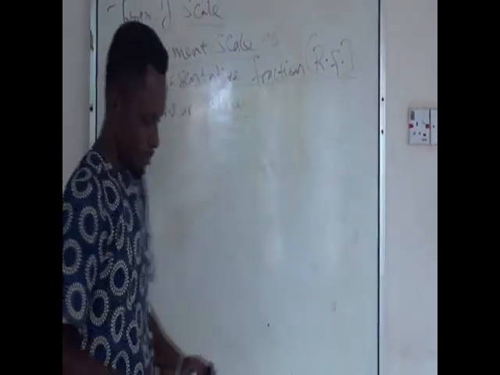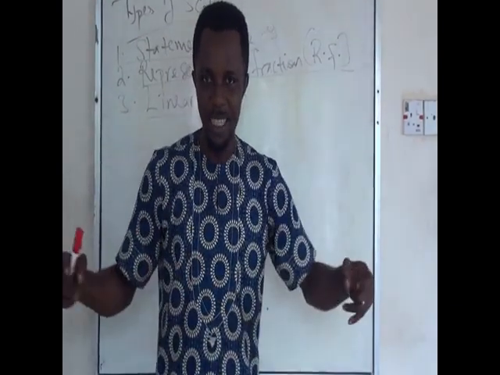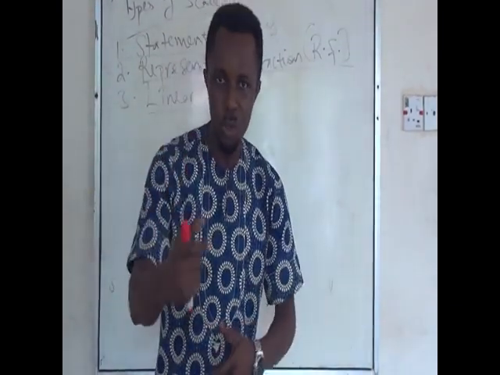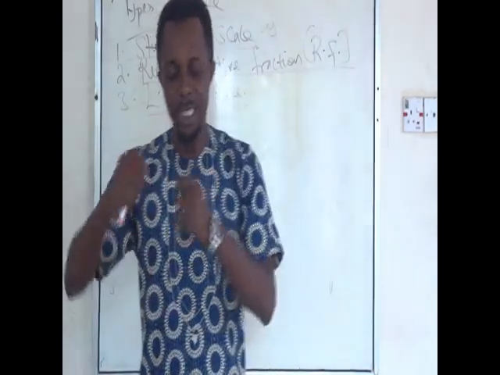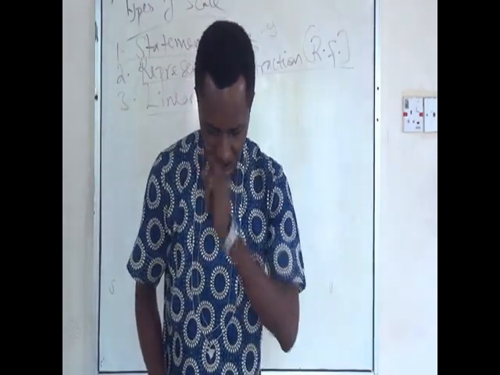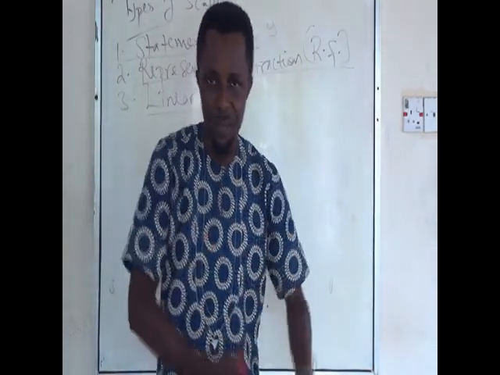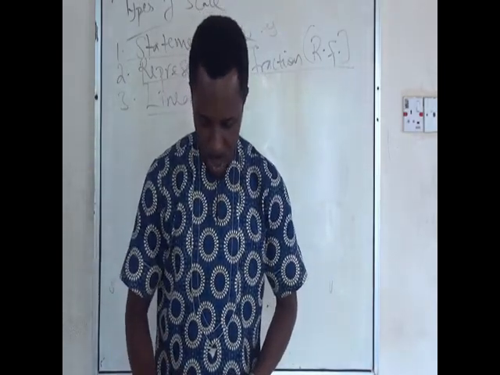Okay, so let us look at number 3, linear scale. A linear scale is a straight line drawn to show the relationship between the distance on the ground and the distance on the map. It's a straight line drawn to show the relationship between a given distance on the map and the actual distance on the ground.